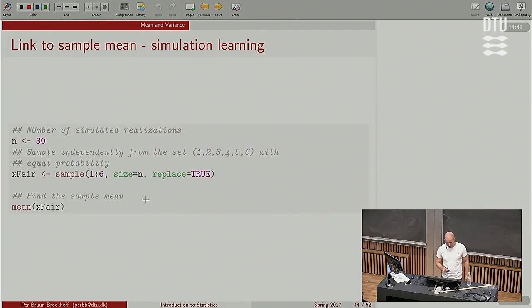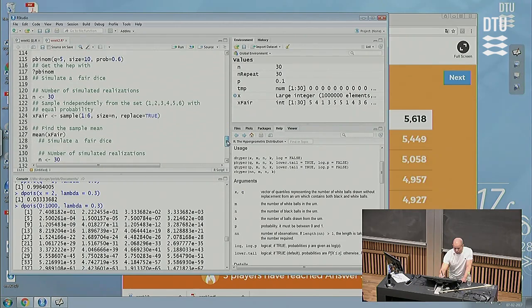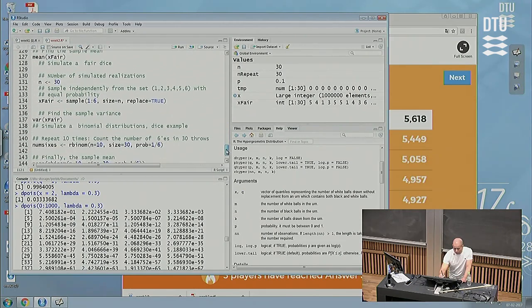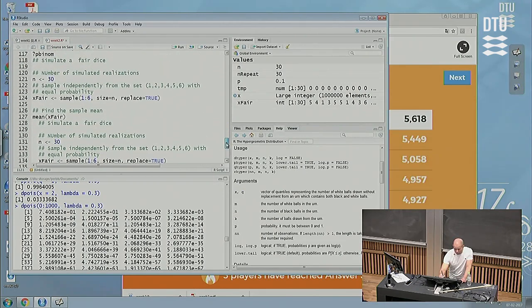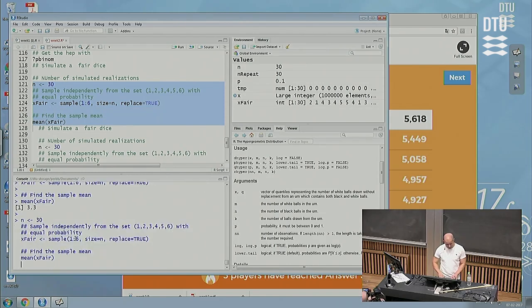Now it becomes a bit worse. Let me not skip this, let me play a little bit around. We can play around with this by doing what we did earlier. We can simulate 30 throws with a fair dice, and then we can see what the number is.